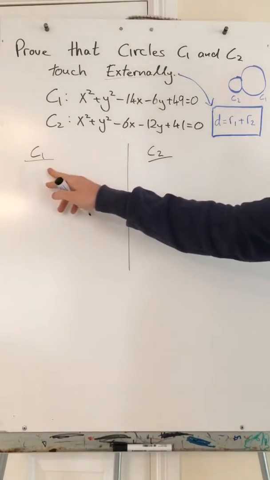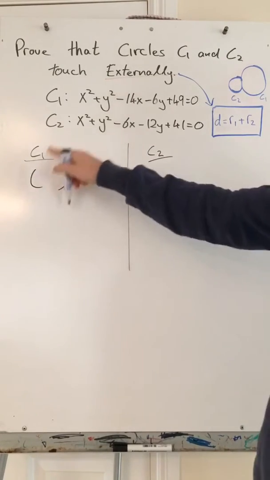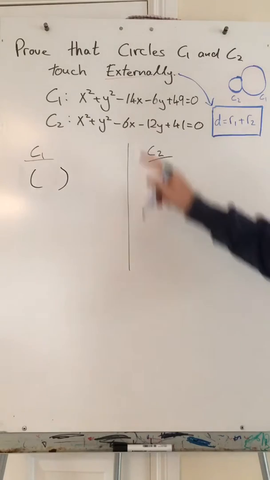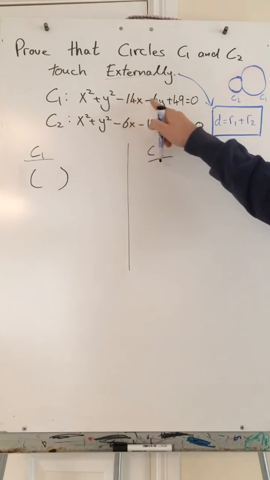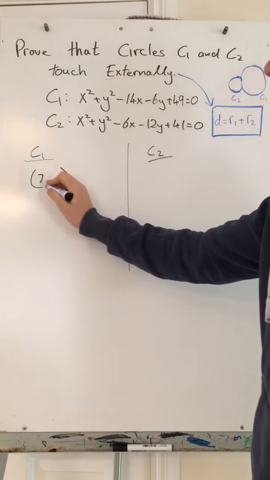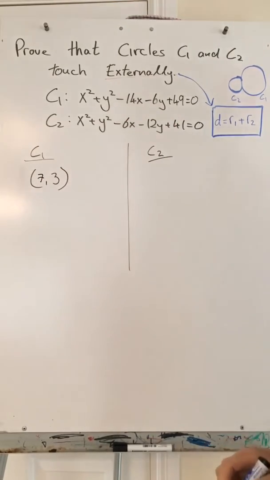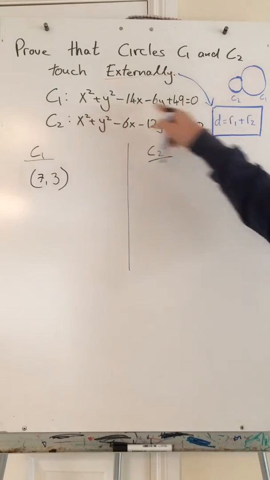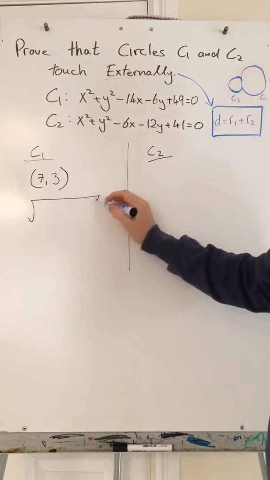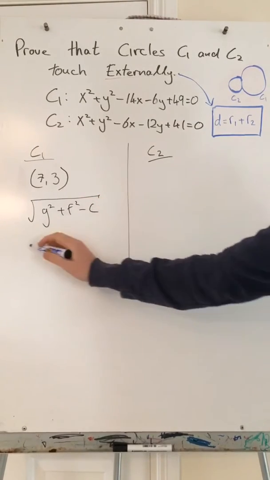For circle 1, the first piece of information that I can get is the center of circle 1. I'm hoping that by looking at this you can see, remember you divide by 2 and you change the sign. So the center of circle 1 is 7, 3. Then to get the radius of circle 1, because it's in this format, we have to use this formula here, g squared plus f squared minus c.